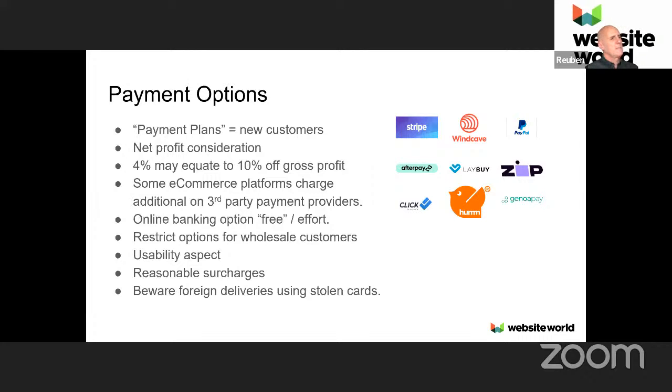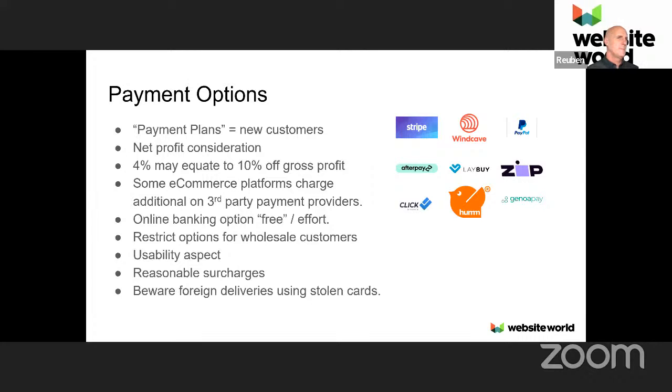You might like to restrict some of these options for your wholesale customers. So if you have a mixed catalogue where wholesale customers are logging in to get their special pricing, but you have retail pricing on the same website, you might have Afterpay offered for your retail customers, but your wholesale customers shouldn't be entitled to that payment method.